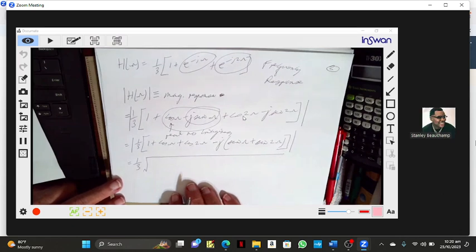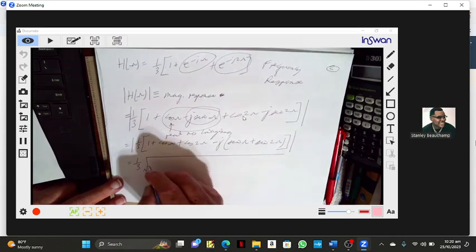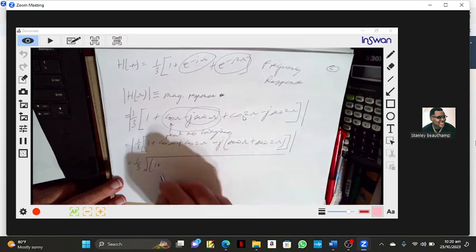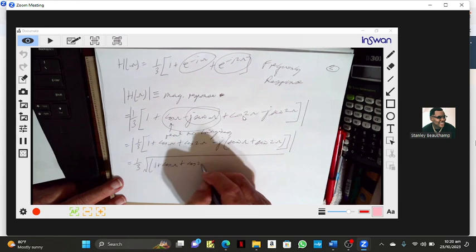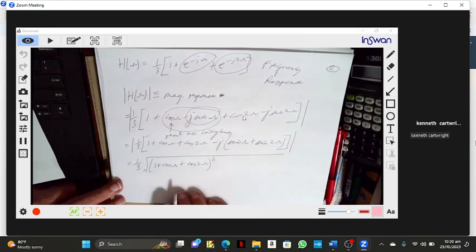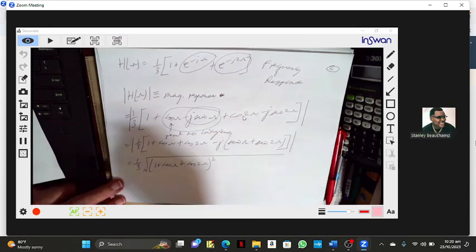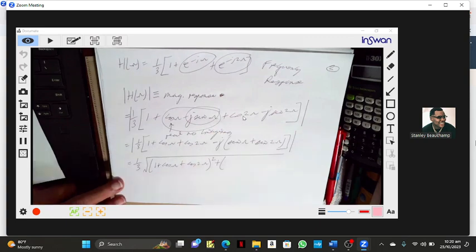So it'll be open bracket 1 plus cosine omega plus cosine 2 omega, all squared, plus the sine omega plus sine 2 omega, squared.